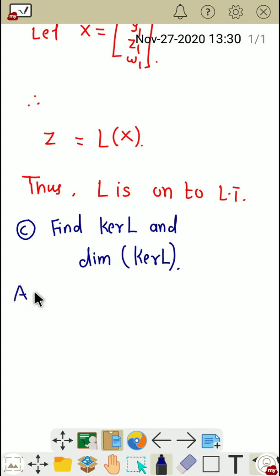Okay, so we know that L is a linear transformation from R4 to R2.